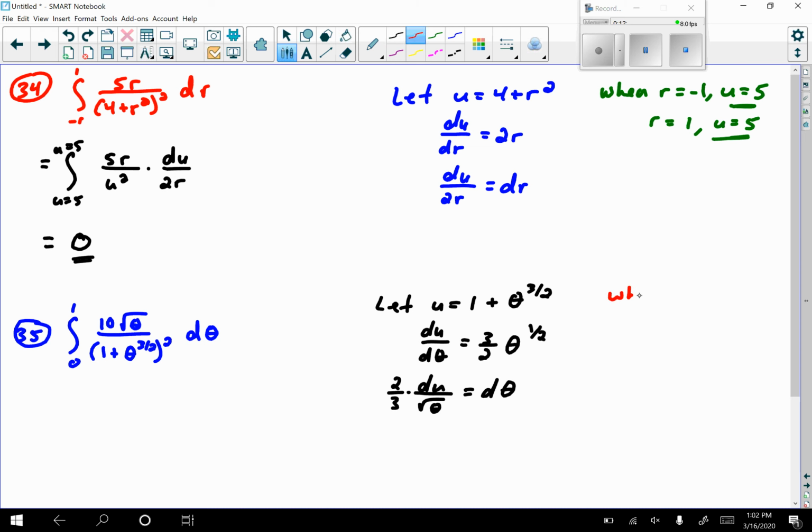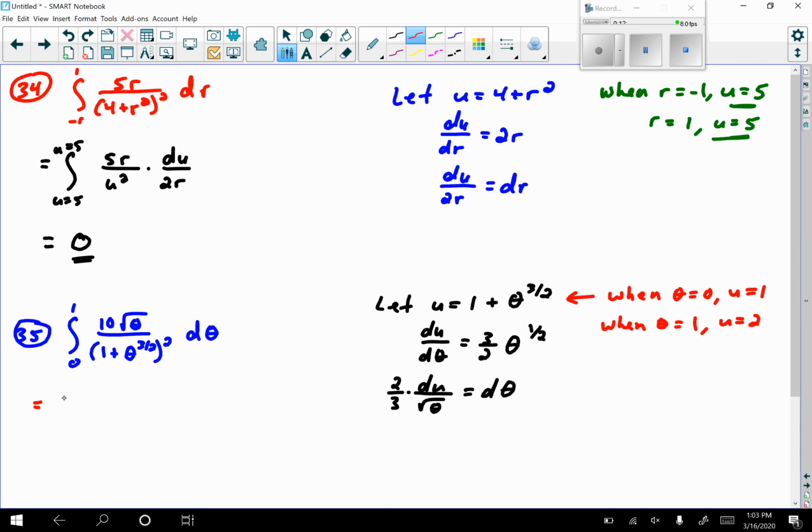And then finding the new limits here, when theta equals 0, substituting this in here, this is just going to give us u equals 1, because 0 to the 3/2 is 0. And then when theta equals 1, 1 to the 3/2 is 1, so u is going to equal 2.